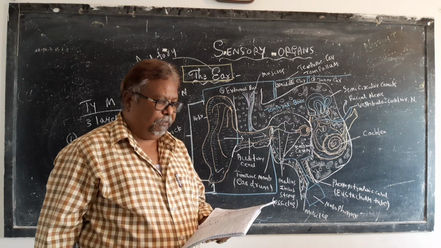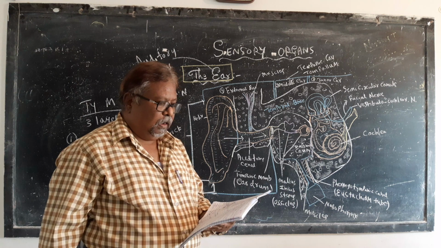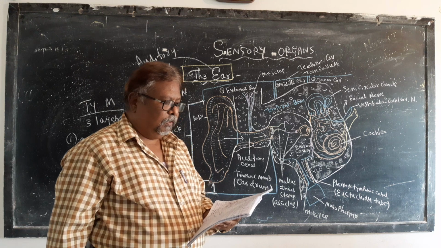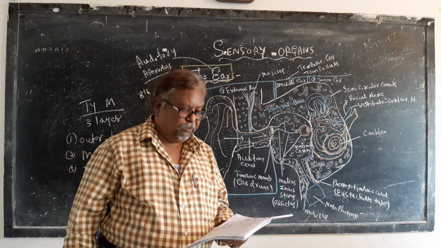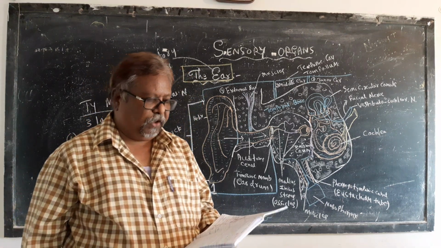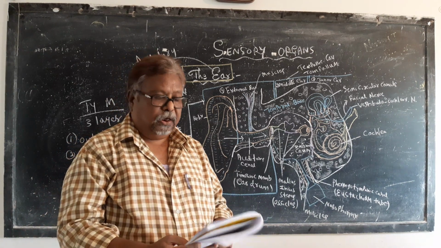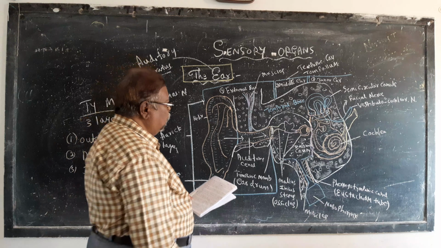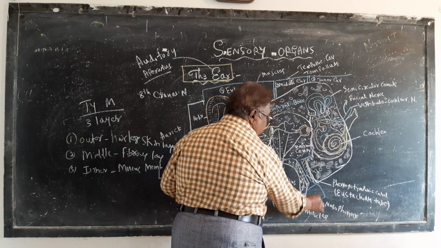The middle ear is subdivided into the tympanic cavity proper, opposite to the tympanic membrane, and the epitympanum above the tympanic membrane. The middle ear communicates anteriorly with the nasopharynx through the Eustachian canal. So this very important structure, the Eustachian canal, connects the tympanic cavity and the nasopharynx.